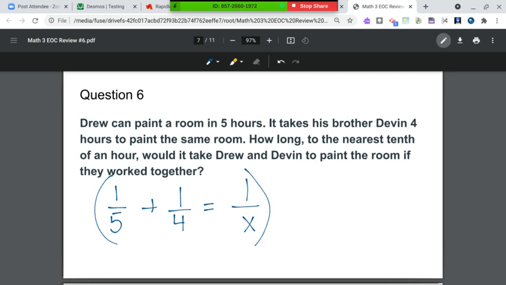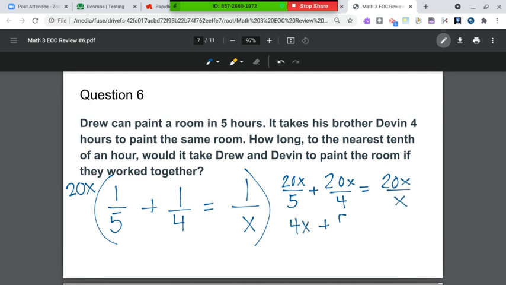And we're going to multiply everything by 20X, which will give us 20X over 5 plus 20X over 4 equals 20X over X. We simplify: 4X plus 5X equals 20.